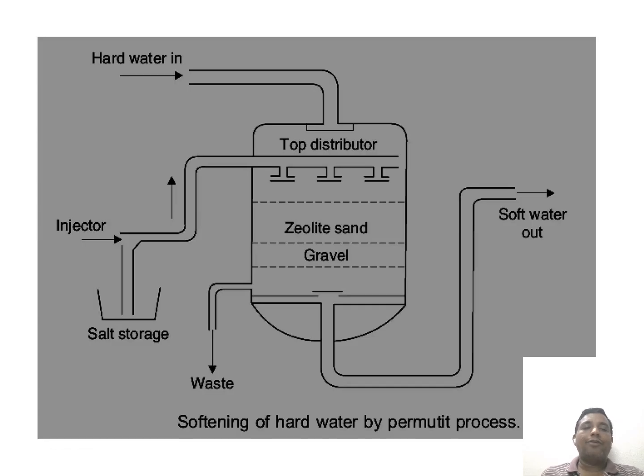If the salt is stored at this side, we have to inject it through the top distributor. The hot water exchanges its ions, and the soft water is separated out. In this way, the softening of hot water by the permutit process happens.